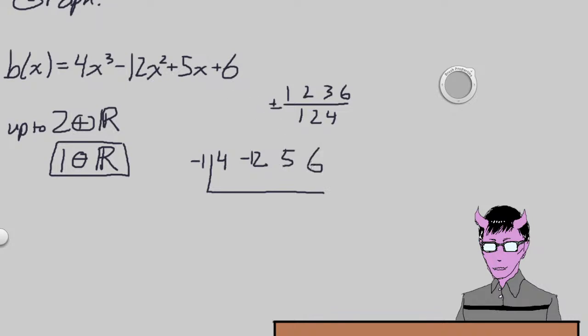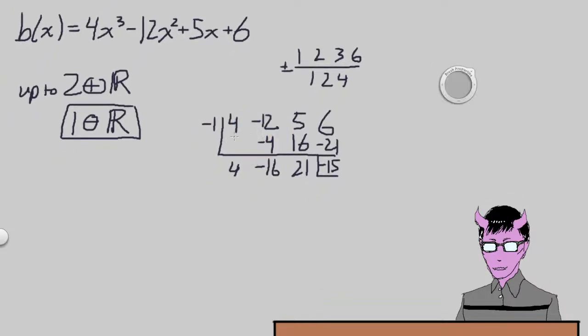And we have the +6. So drop that down. 4. -4, -16, doesn't look like it's going to work out after all. That's okay. And -21 right here, so we have -15 as a result, which means that -1 is not a valid 0 of the function.